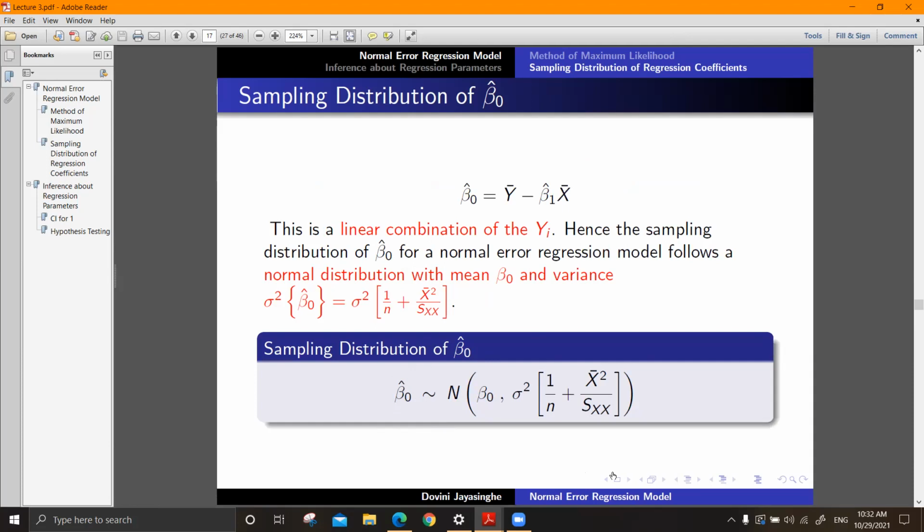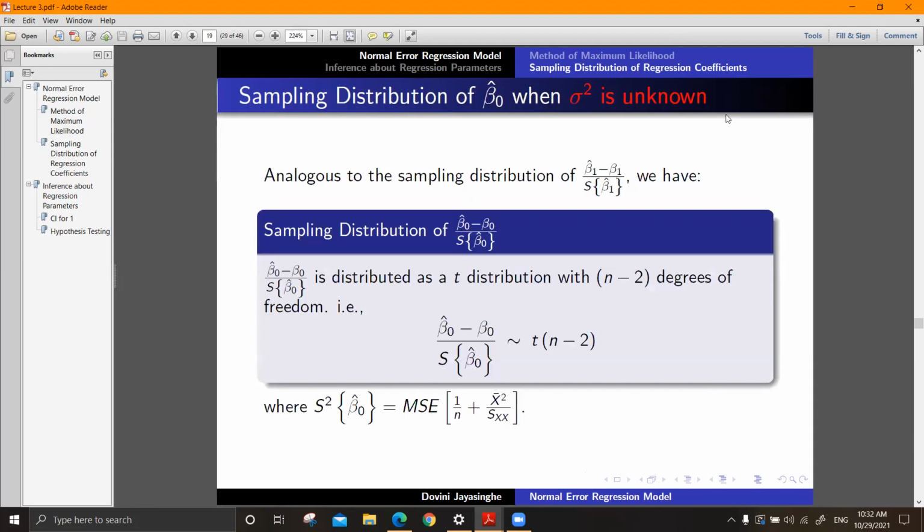You can even standardize this, doesn't matter, right? In case we don't know sigma squared, you have to estimate sigma squared. Whenever you plug the estimated value into the pivotal quantity where sigma squared is placed, the distribution changes to T. That is all I want to summarize to you.